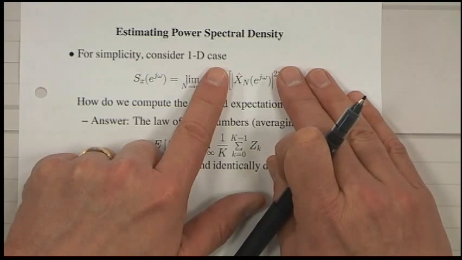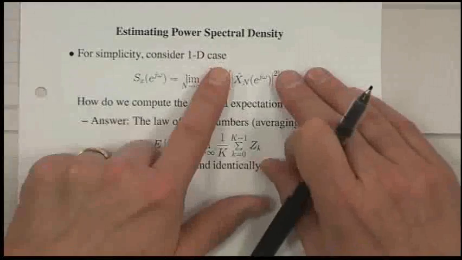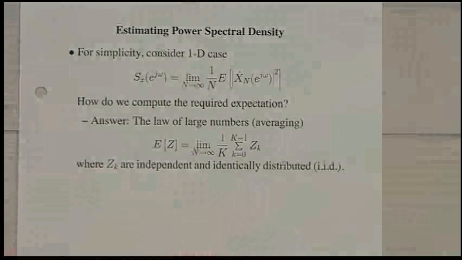The resolution you'll get in frequency is proportional to the sampling frequency over n, if you're thinking of it as a continuous time signal that's been sampled, or it's equal to 2 pi over n if you're thinking of it as frequencies that go from minus pi to pi. That's a nominal level of resolution, within a constant.